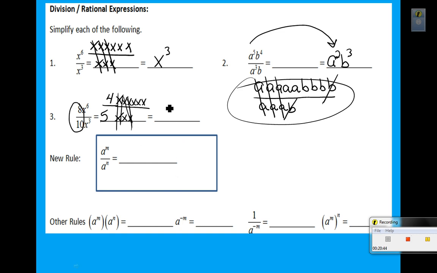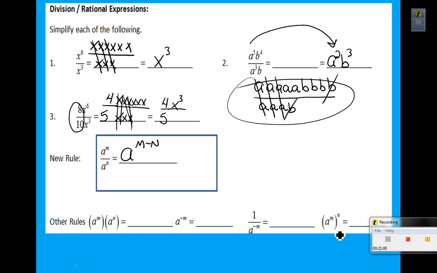So I'm going to have 4/5 x to the third. Hey, so the shortcut, we're not going to write out all those x's again. Our shortcut is, if you're dividing, you will subtract your exponents. If a negative number shows up, put it in the denominator.